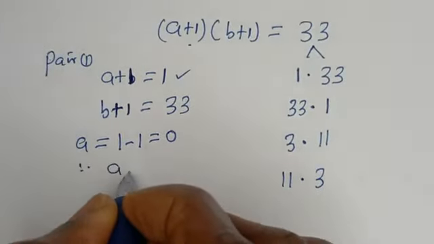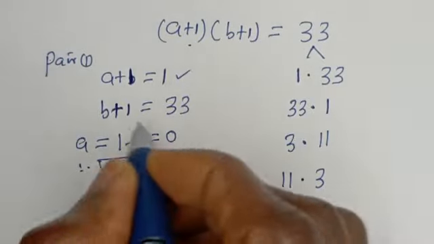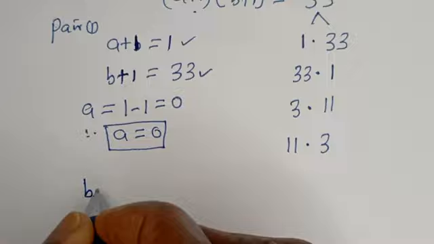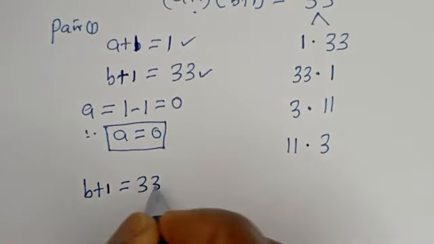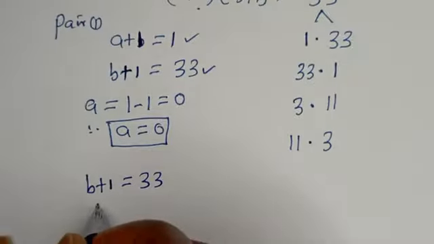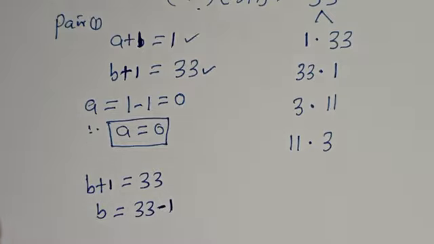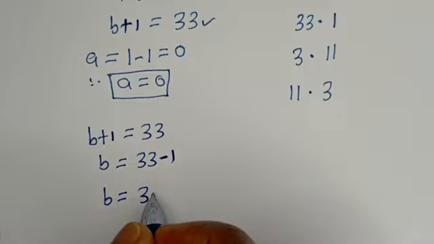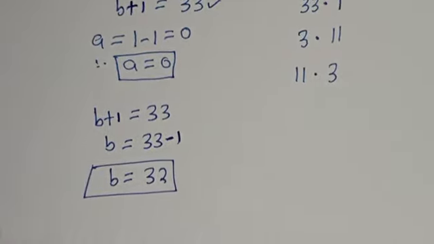Therefore, a is equal to 0 from the first pair. And let's consider this. b plus 1 is equal to 33. Then b is equal to 33 minus 1. b is equal to 32. This is the value of b from the first pair.